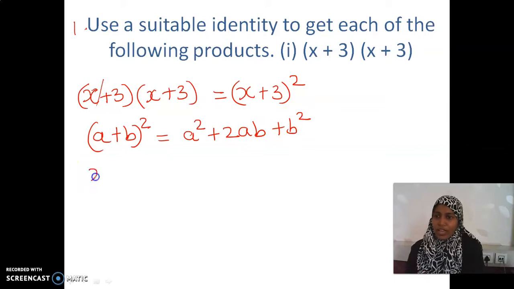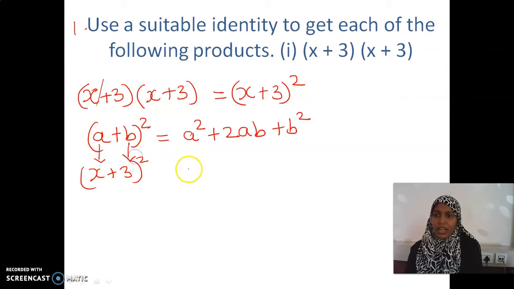Now I am going to find (x plus 3) the whole square. In the place of a, I have x. In the place of b, I have 3. So I will write x square, here 3 square. In between, I will find twice the product, 2 into x into 3.